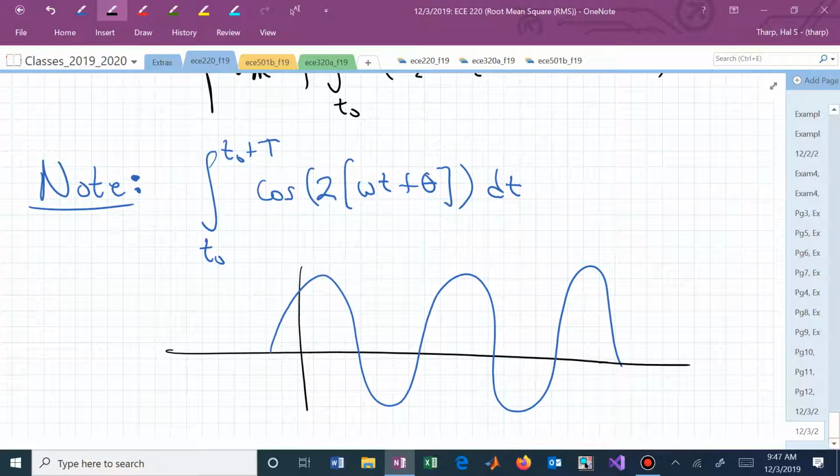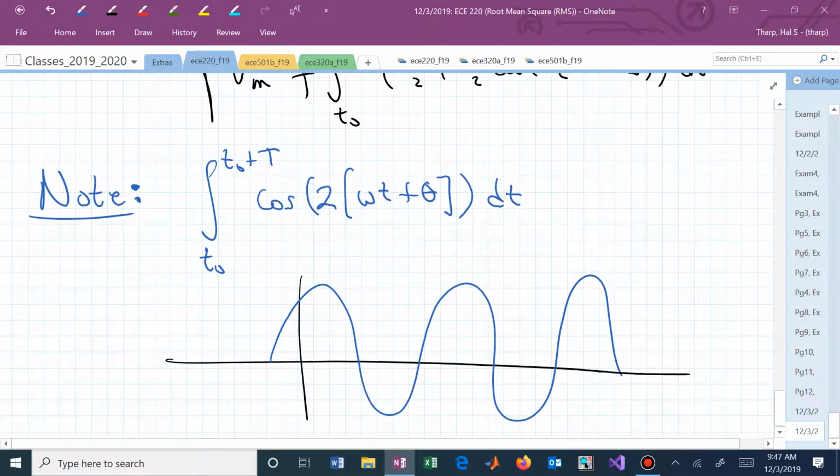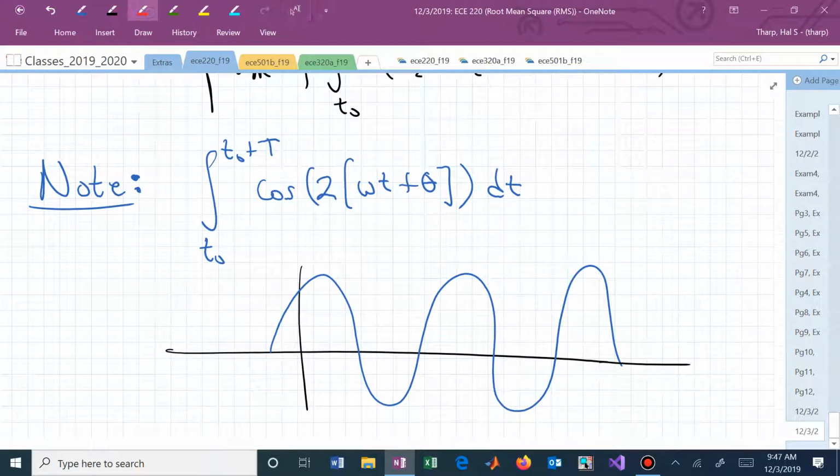And what are we integrating over? Now realize that we've doubled the frequency. We have 2 in our argument, 2 times omega t plus theta. So we're now going to see 2 maximums across one period. Let me just make this period go from here to there.